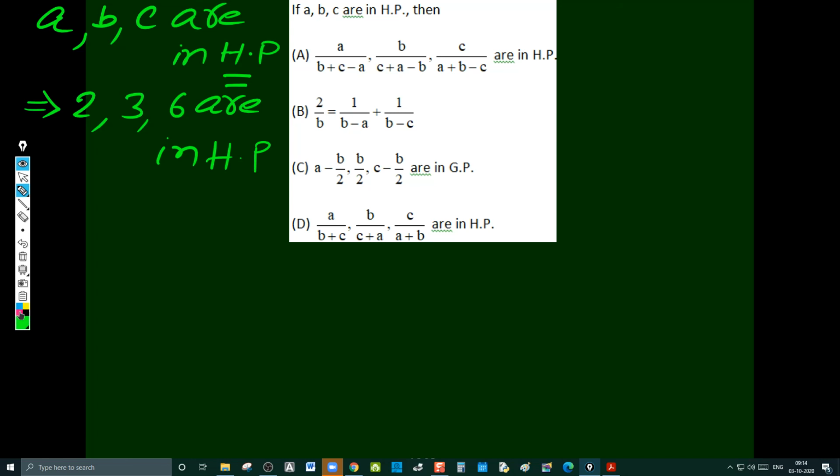If you convert them to AP, 1 by 2, 1 by 3, 1 by 6 are in AP. So just write like this: 1 by 3 minus 1 by 2 is how much? That is (2 minus 3) by 6, which is minus 1 by 6, and it must be the same as 1 by 6 minus 1 by 3. Check whether both are equal or not.